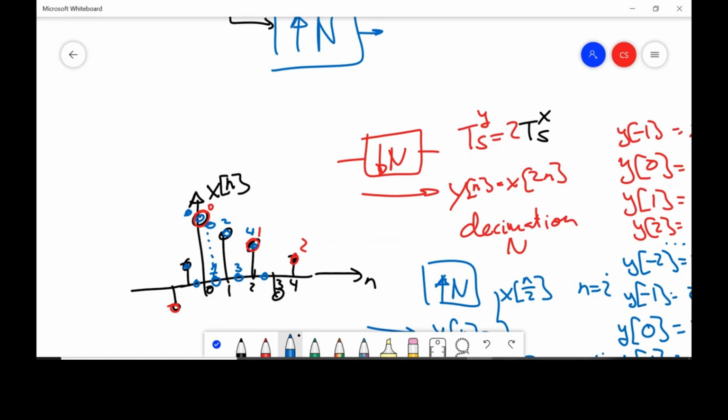So how can you do that? Yeah, that could be a possibility. You join this by a line, and then you put the sample in between on the line. Actually this is called linear interpolation. That is a possibility.